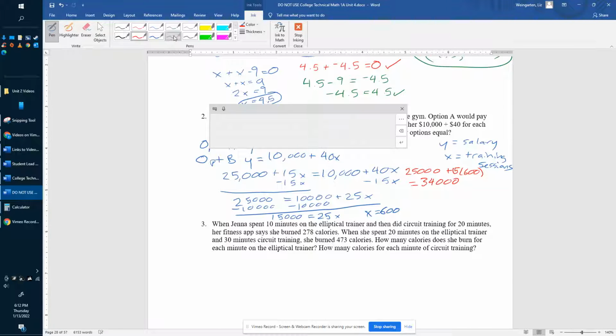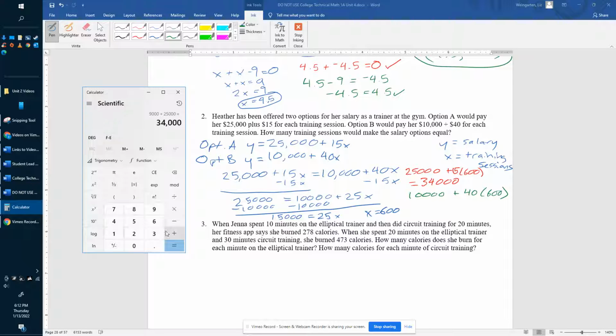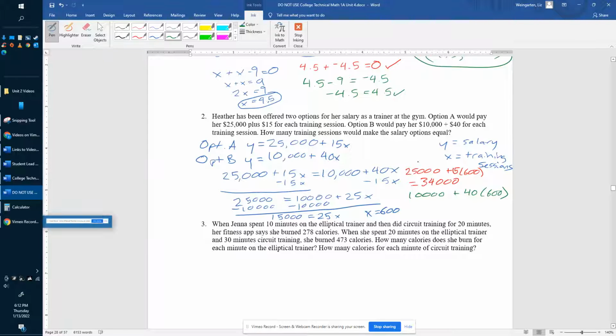So that's what we're hoping to hit with the other one. 10,000 plus 40 times 600. Let's see what that gives us. 40 times 600 plus 10,000 equals 34,000. So that's perfect. That's exactly what we wanted to see.